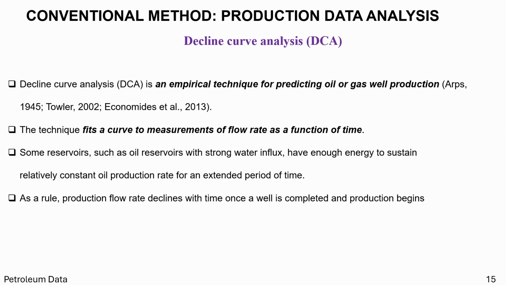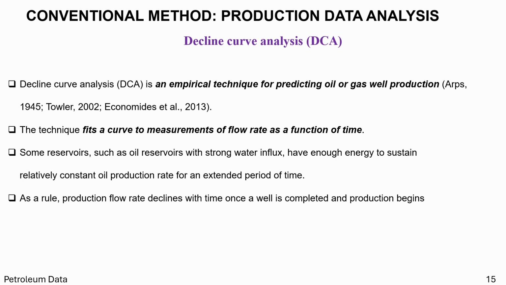This slide introduces decline curve analysis, or DCA, as an empirical technique for predicting oil or gas production by fitting rate versus time. It also notes that some reservoirs may sustain nearly constant production for some period, but in general, rate declines over time.